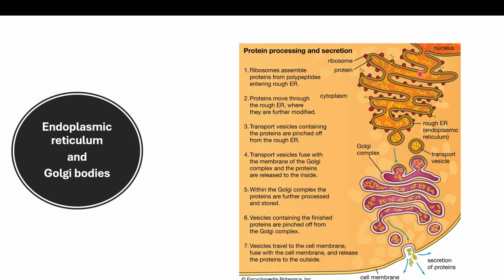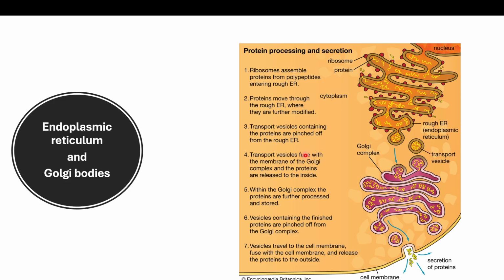Proteins move through the rough ER here, right? This is where proteins are moving through the rough ER, where they are further modified, and then transport vesicles containing the modified proteins, the yellow strands here, are pinched off from the rough ER. This is the pinching off of the transport vesicles containing yellow colored proteins inside. So this is the transport vesicle.